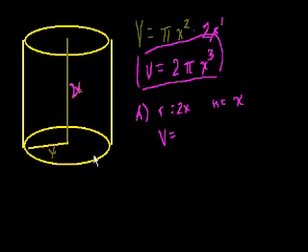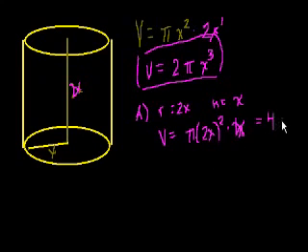So the area of the base would be pi times 2x squared, and then we multiply that times the height. I can already tell you this isn't going to be right because we're going to get a 4 in here. And the height is x. So we'll get 4 pi x to the third if you multiply it out. So that's not it.